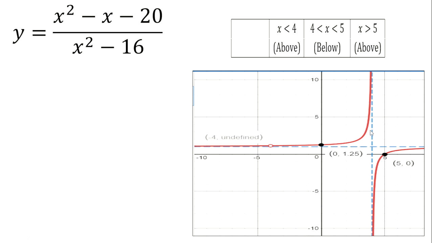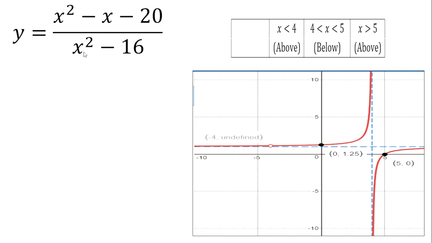For x between 4 and 5, the graph is below the x-axis. As you can see here, it approaches the asymptote, and then for x greater than 5, it's above the x-axis. So this is the graph of this function.